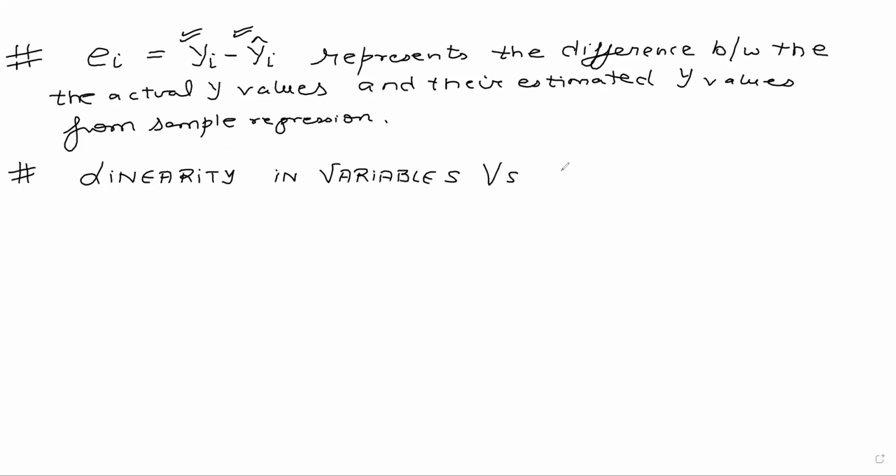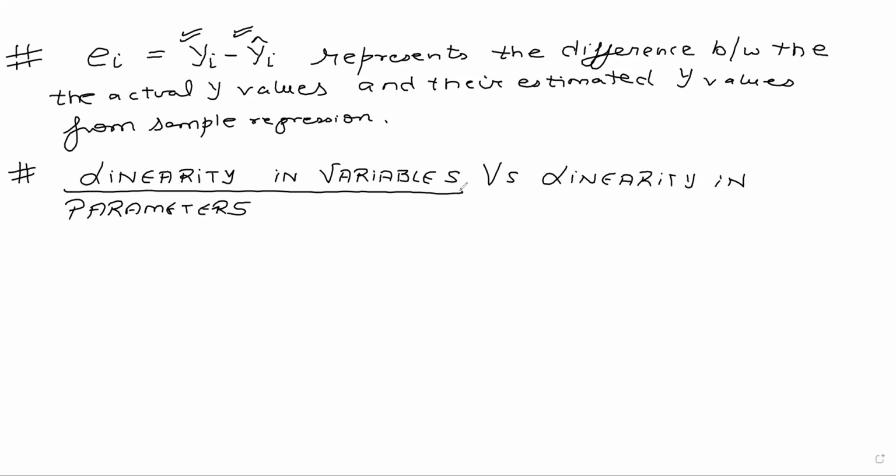Students should be crystal clear what is the difference between them. What do we mean when we say linearity in variables, and what do we mean when we say linearity in parameters?